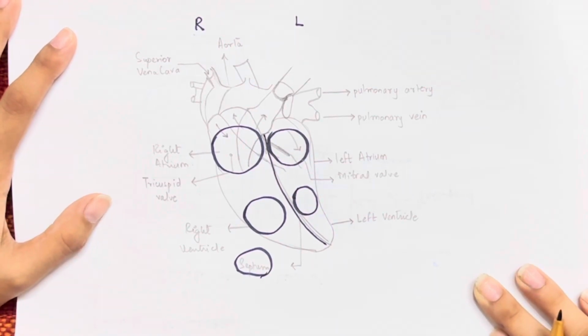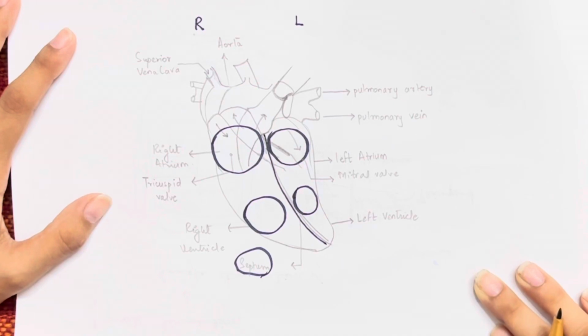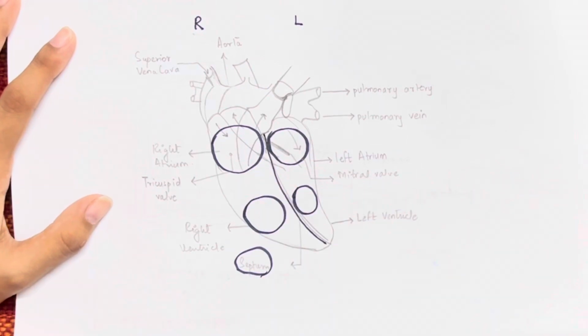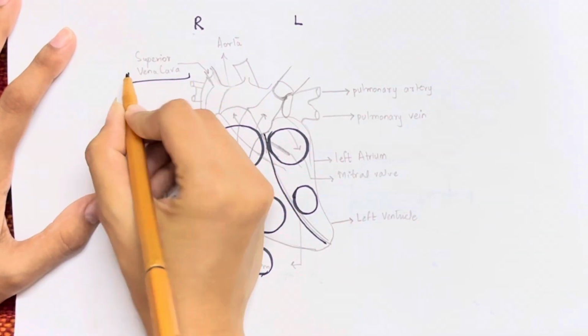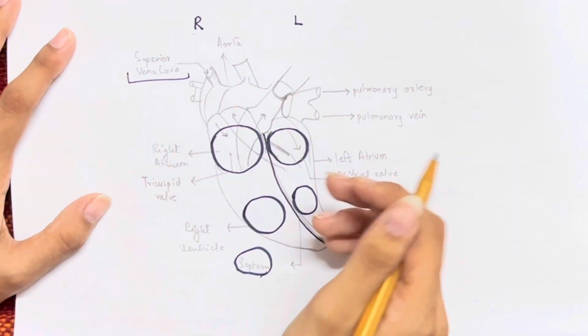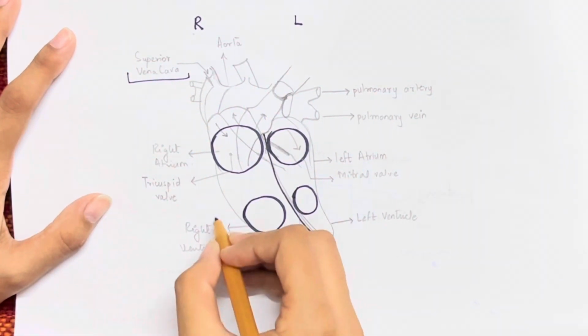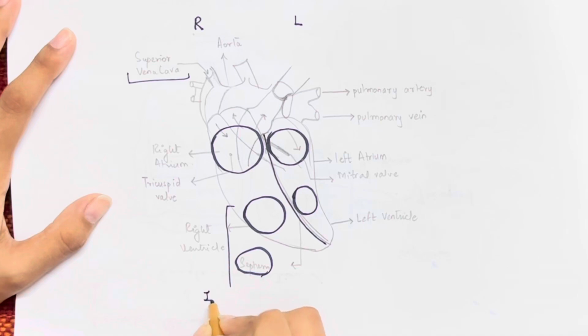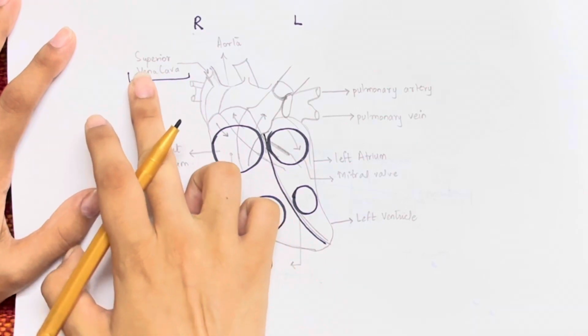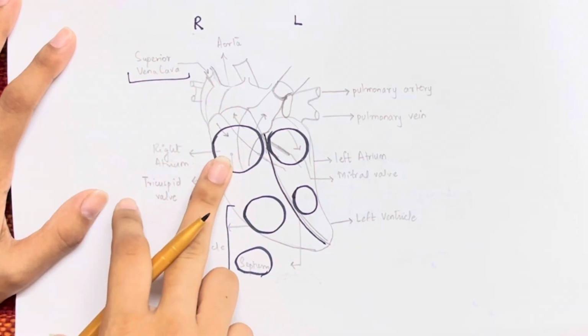Let's discuss how the working of the heart takes place. The entire working starts from the right atrium, where the blood enters through the superior vena cava. This superior vena cava brings the blood from the body. At the lower side, the inferior vena cava is present, but first we're going to talk about the superior vena cava. It brings the blood from the body and dips it into the right atrium.